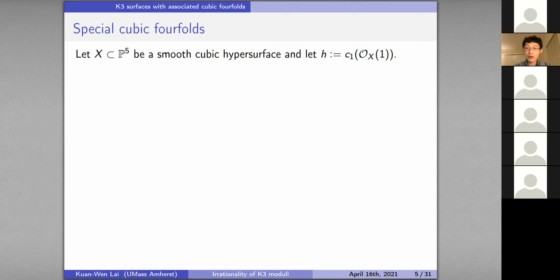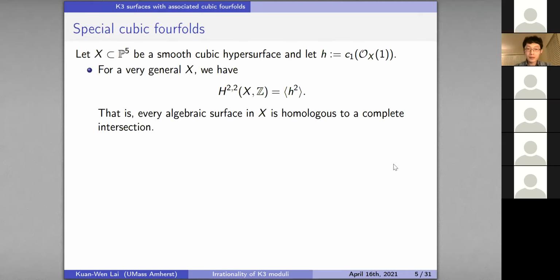In the following, I will denote by H the class of the hyperplane section. For a very general X, H^{2,2} in the middle cohomology is generated by H squared. In other words, every algebraic surface in X is homologous to a complete intersection.